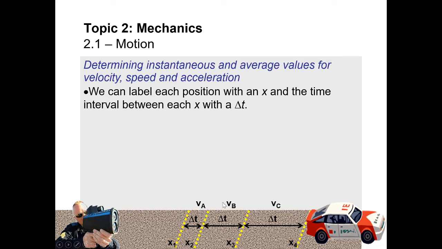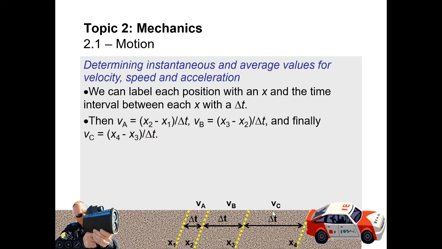We have different velocities within each of these bands: velocity A, velocity B, velocity C. Remember, velocity is change in position over time. So velocity A is x2 minus x1 divided by the time, velocity B is x3 minus x2 divided by the time, and velocity C is x4 minus x3 divided by the time.